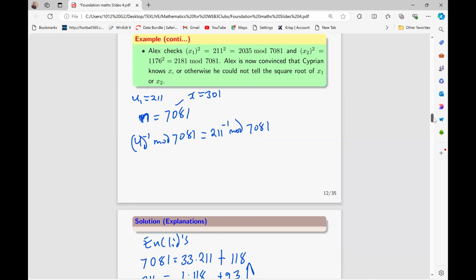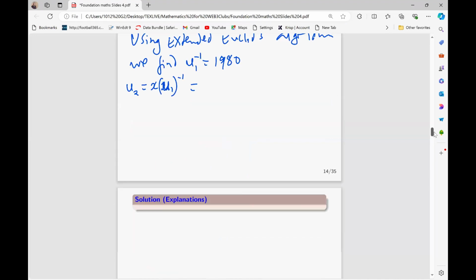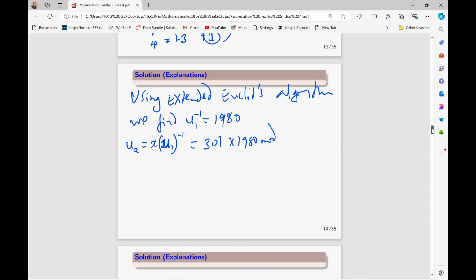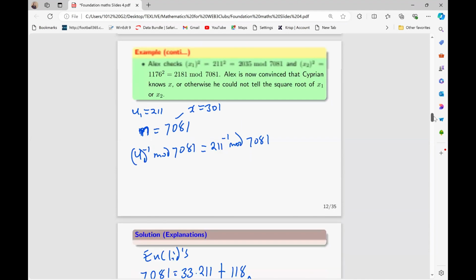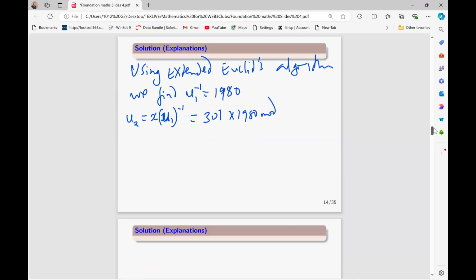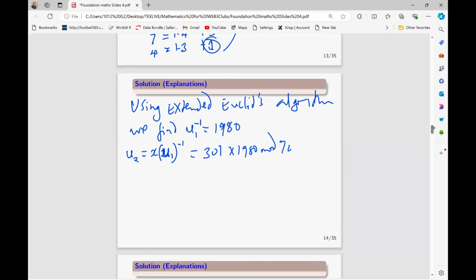X was 301. So take 301 and multiply by 1980, and our modulus is still the same. Our modulus was 7081.